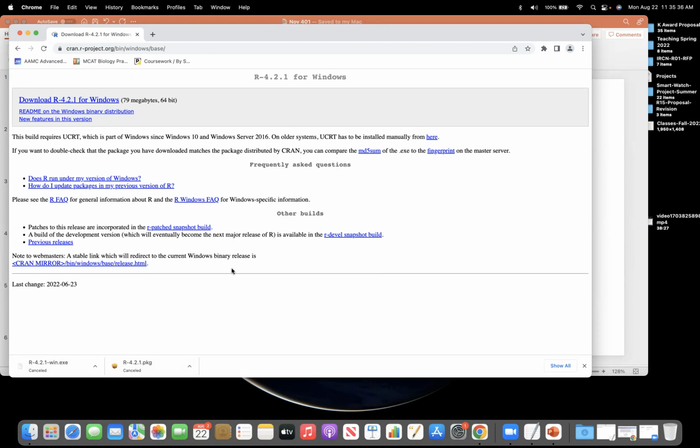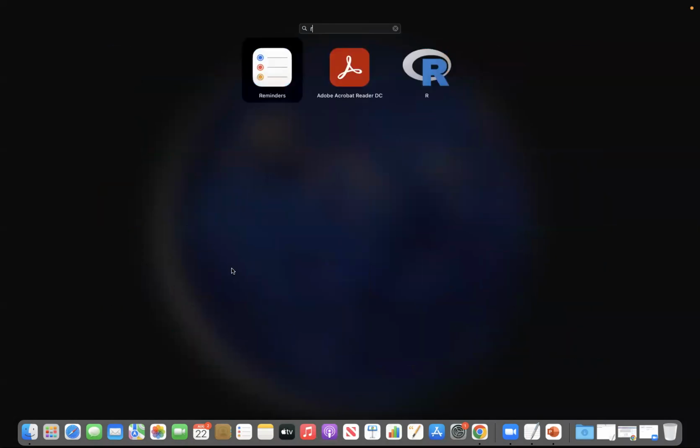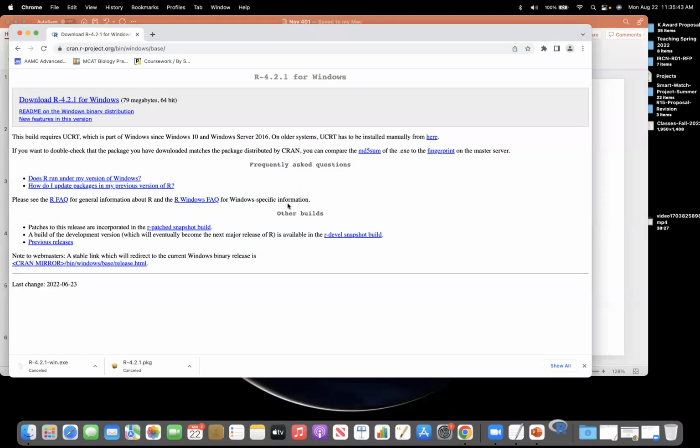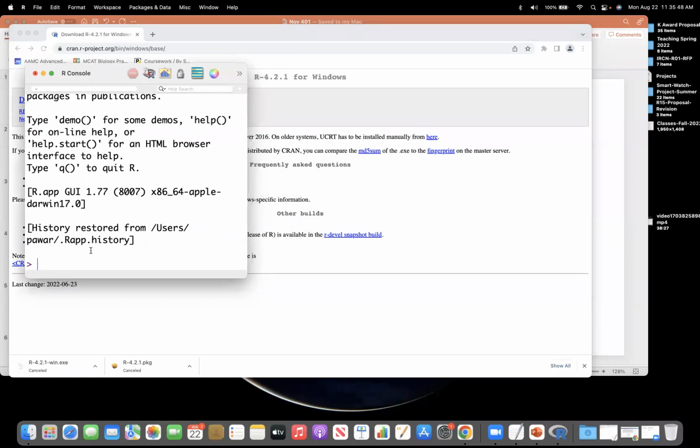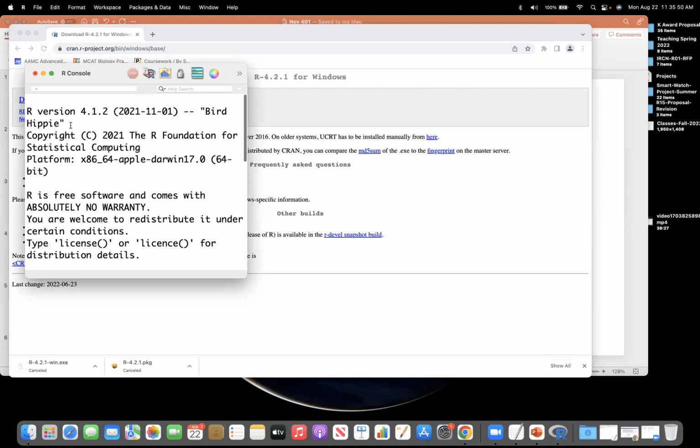Once you do the installation, just click on this R blue icon, and then you should be able to open the R console. On the R console, the first line should be your R version. So do this now and let me know if you have any issues opening the R console.